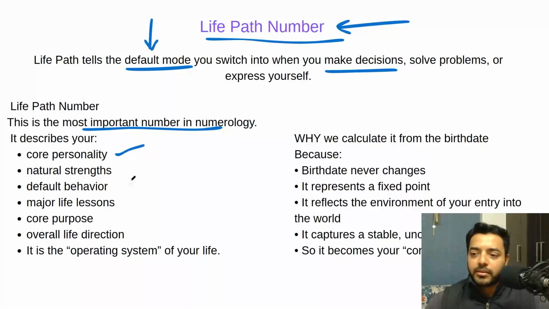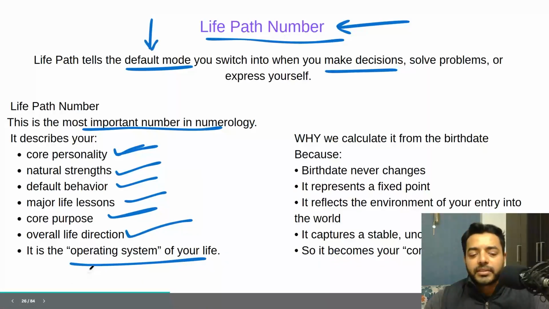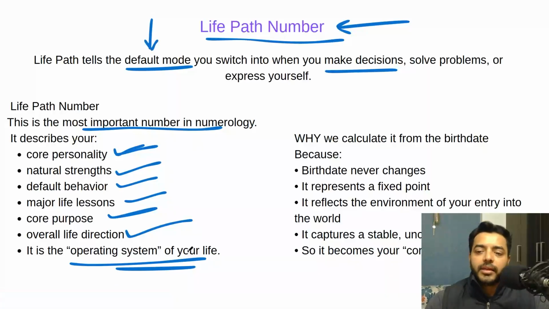You will have a different image at the office, a different image at work, a different image at your friend's place, a different image somewhere else. But you will have a default image, a default mode, when you're back at home. So this number is going to tell you about your core personality, natural strengths, default behavior, major life lessons, core purpose, and overall life direction. It's the operating system of your life. That is the life path number, right?